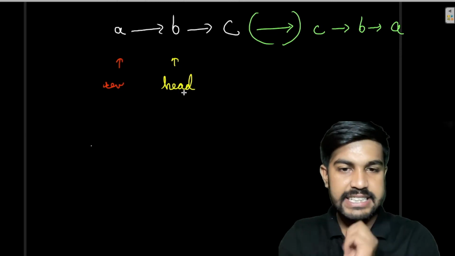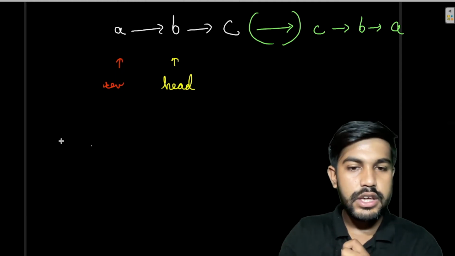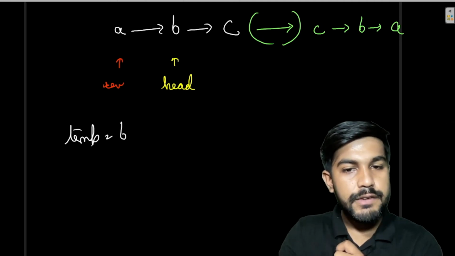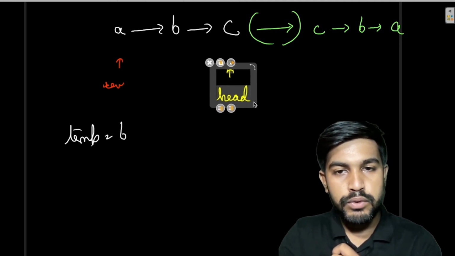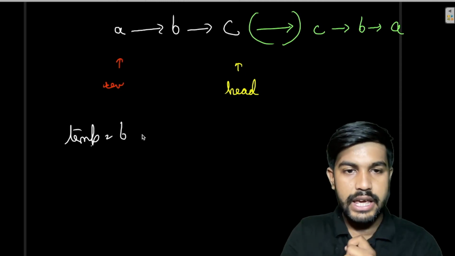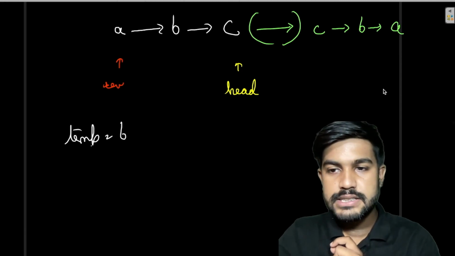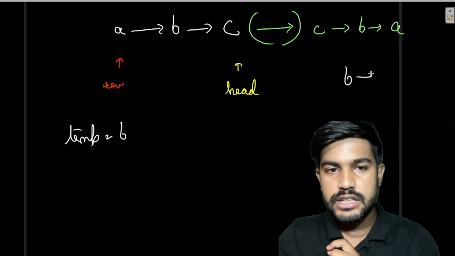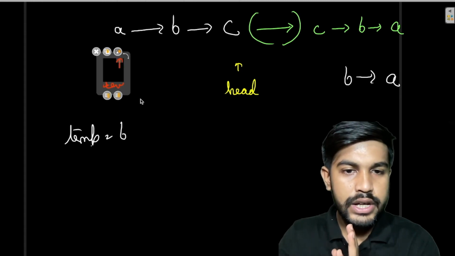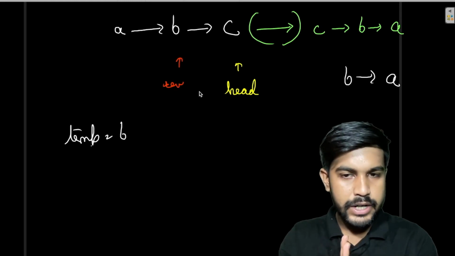So now in the next iteration, we would store the B. So now we would store this B, temp is equal to B, and we would make this head move forward to C. And then we would say that B's next is equal to rev. That means B's next is equal to A. So now we have it, and then we would move forward the rev part of it.